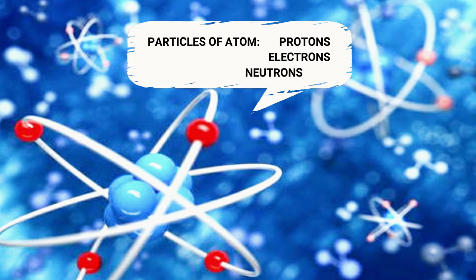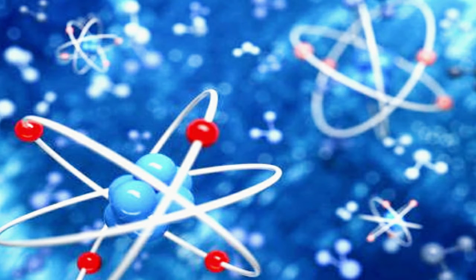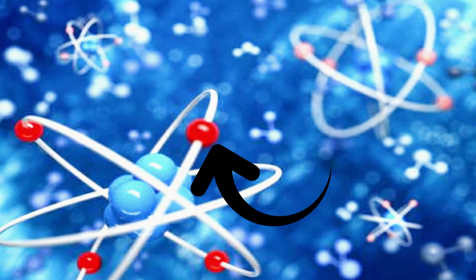Atoms are composed of particles called protons, electrons, and neutrons. Atoms have electrical charges inside them. The nucleus is found in the center of an atom. The protons, the carriers of the positive charges, and the neutrons, the uncharged particles, are in the nucleus. In the outer part of the atom are found the orbiting electrons, the carriers of negative charges.